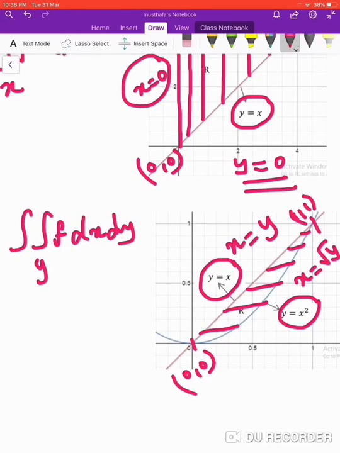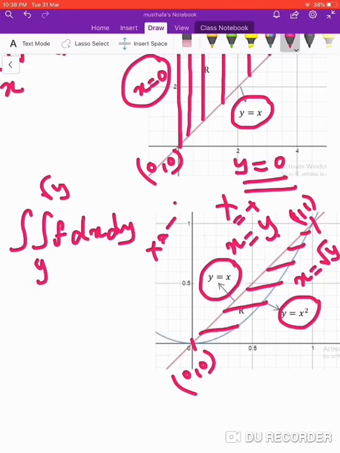And look at here, in this region x is positive, and in this region x will be negative. So we take the positive square root, so the value of x is the positive square root of y. So the limit varies from x equals y to x equals square root of y.